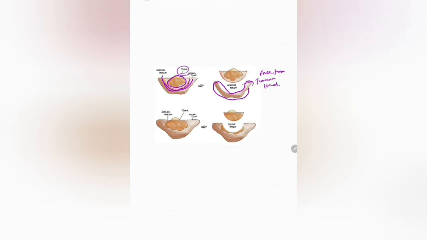This is called a negative margin. This is achieved by your wide local excision. That is, you are giving a negative margin, say at least 1 to 2 centimeter.